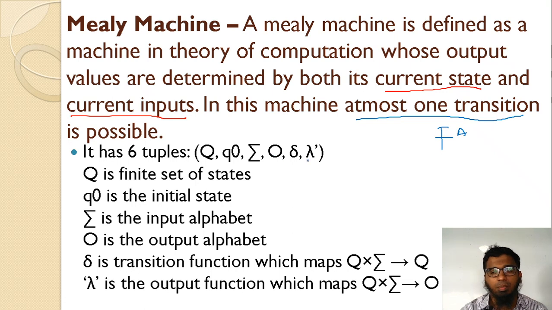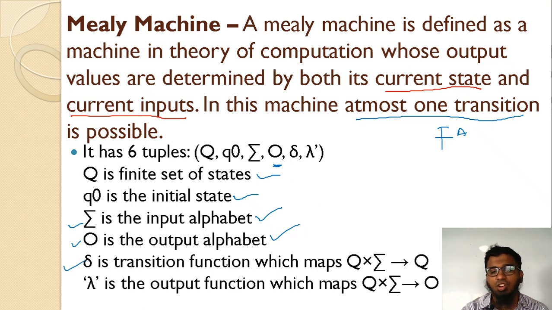Here we have 6 tuples. One is added. Q is a finite set of states. Q0 is the initial state. Already we have done this in finite automata, DFA and NFA. Sigma is the input alphabet. Whatever alphabet you are going to take, that is sigma. O is a new one, the output alphabet. Sigma is the input alphabet and O is the output alphabet.